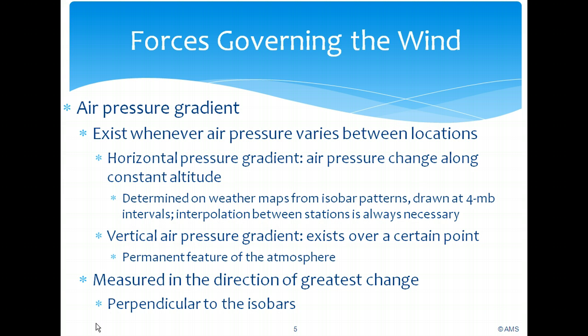Let's start with one of the forces that govern the wind, and this is called the pressure gradient force. A gradient is simply a change in some property over a distance. An air pressure gradient exists whenever air pressure varies from one place to another, between locations.